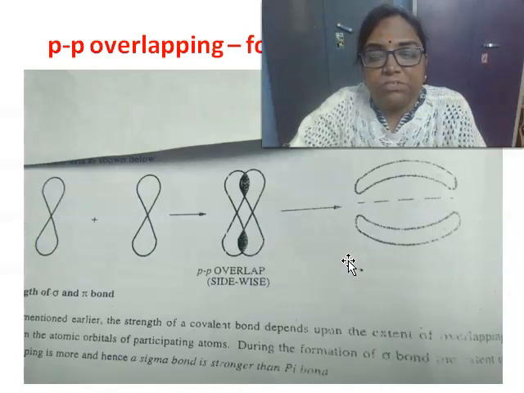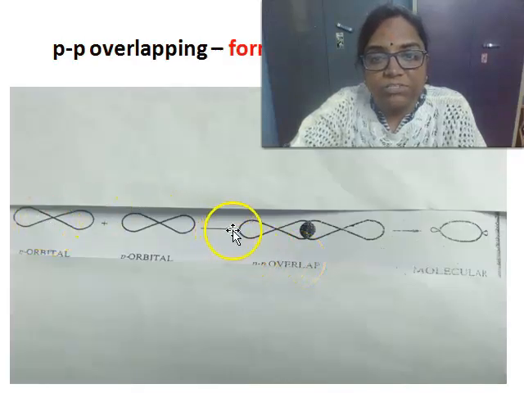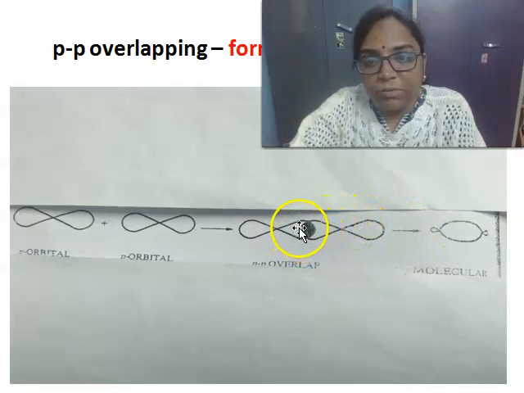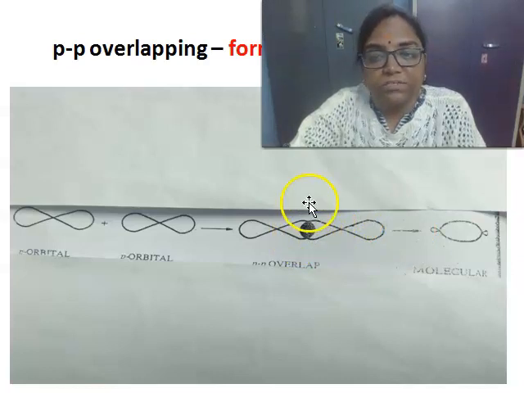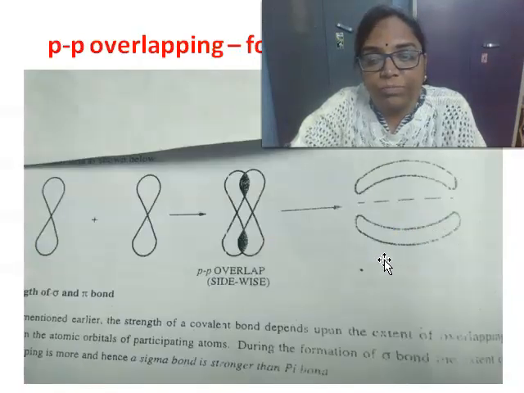Next, p-p overlapping can also lead to the formation of a pi bond. See here how the overlapping occurs. The linear overlapping of the p orbitals leads to the formation of a sigma bond.